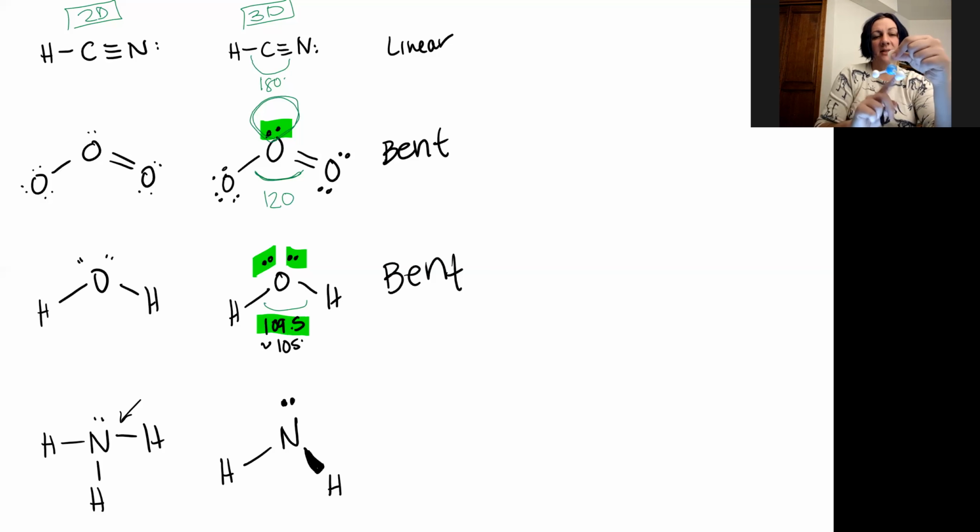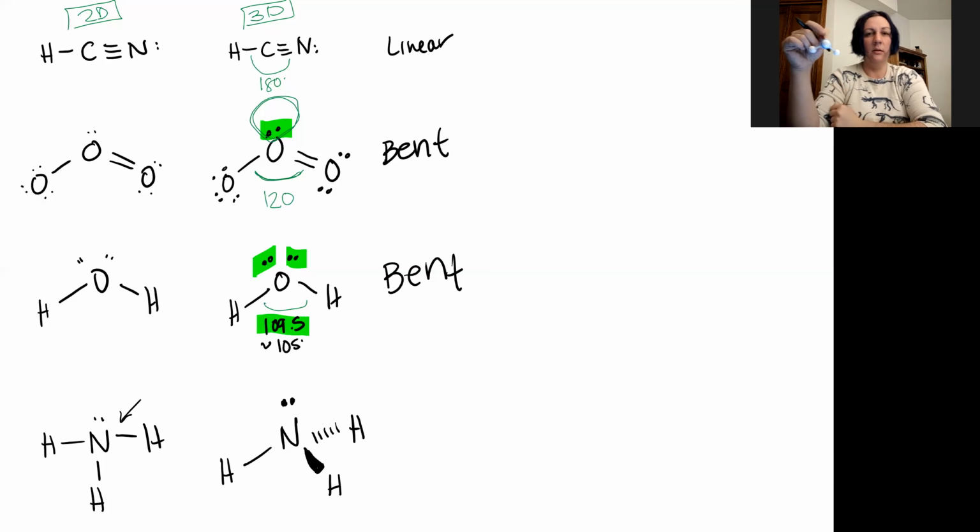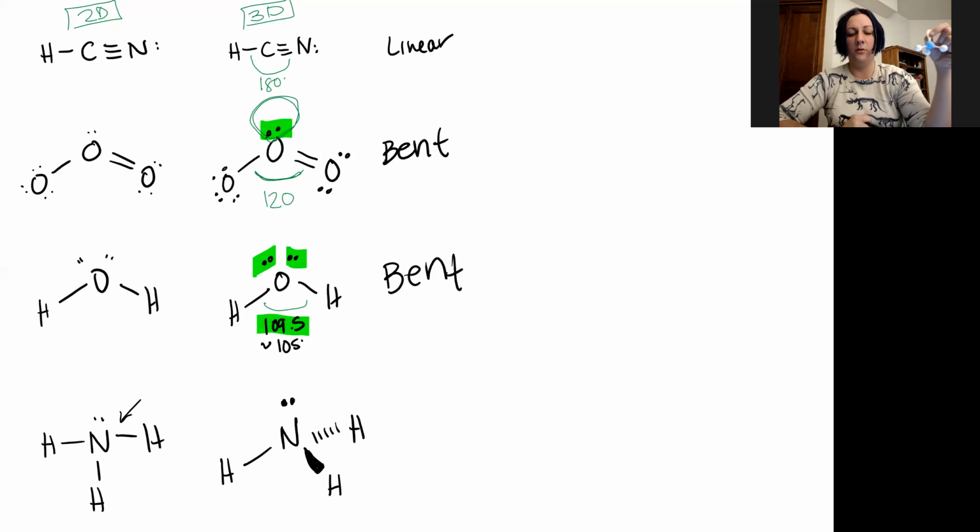And then I have this hydrogen that's kind of headed back towards me. I'm going to use a dashed line for that one. In general, I wish I could hold this and also write at the same time. There we go. Sorry, trying to figure this out.